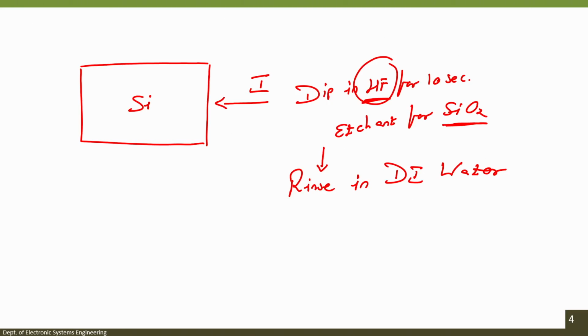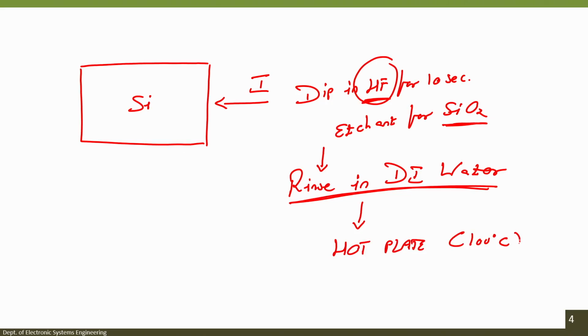Alright. So, first is dip in HF for etching silicon dioxide, followed by rinsing in DI water. After you do that, you have to place the silicon wafer on a hot plate. Hot plate temperature would be close to 100 degrees centigrade.